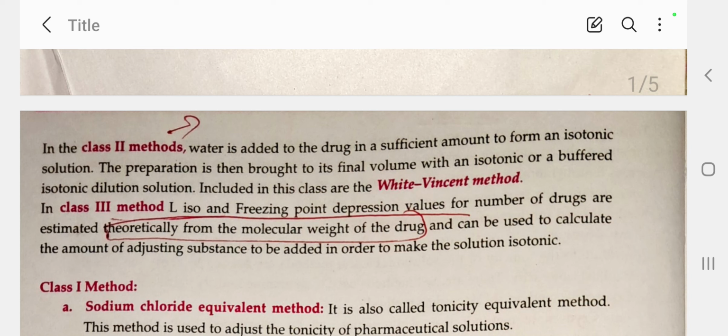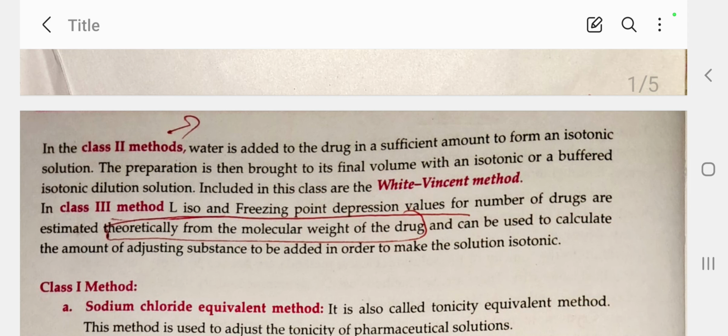So the preparation is then brought to its final volume with an isotonic or buffered isotonic dilution solution. This method is known as the class 2 method, and the White-Vincent method is also included under the class 2 method.